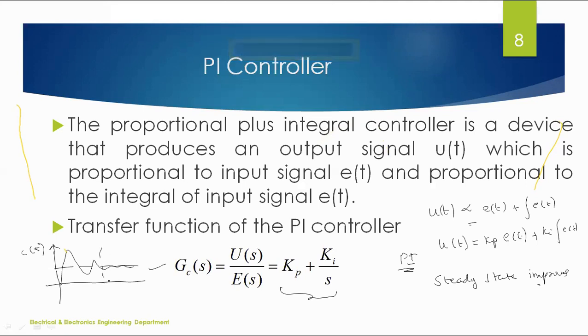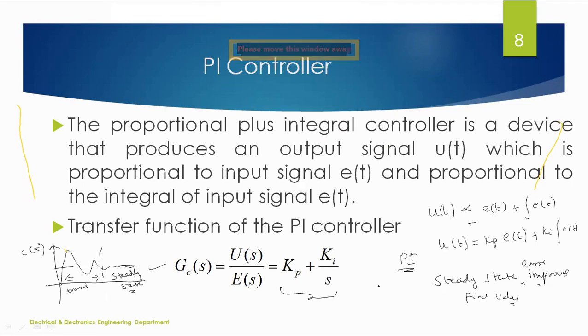One is the transient response, and the other is the steady state response. So whenever we introduce the PI controller, the steady state error or final value is improved.